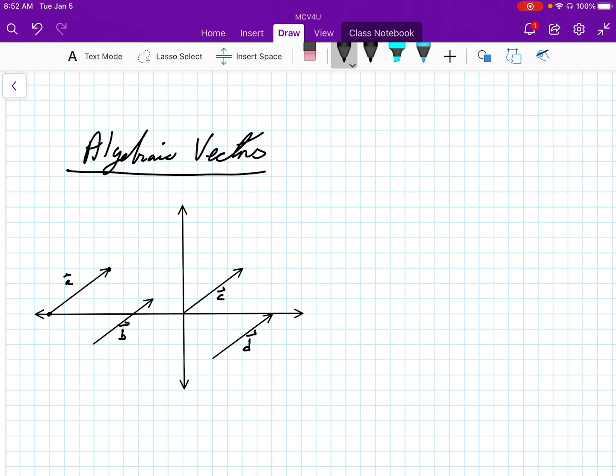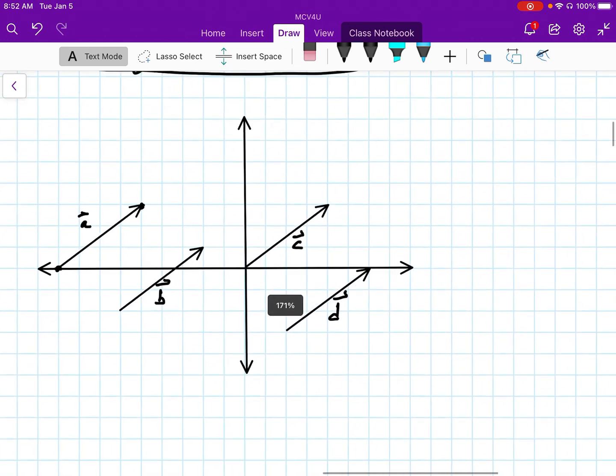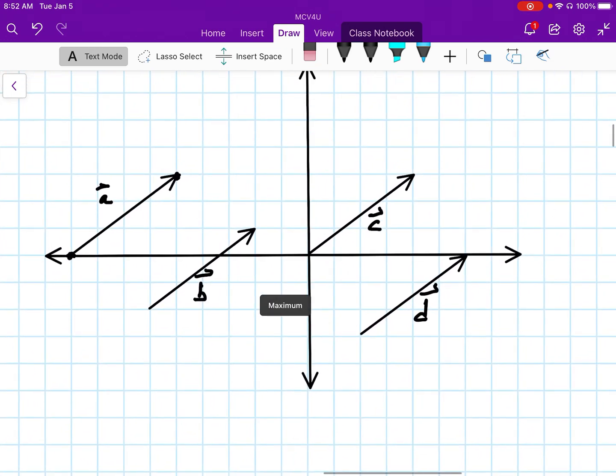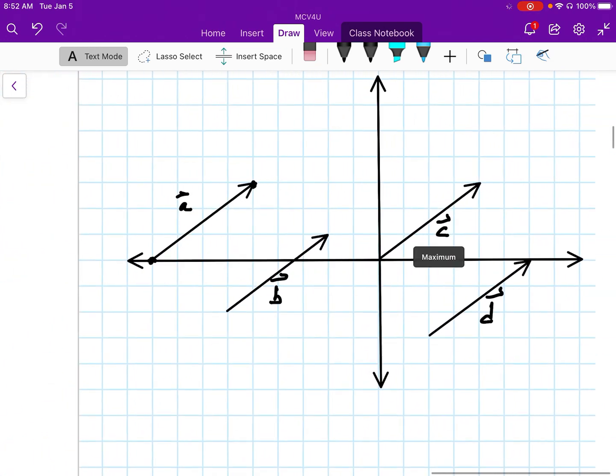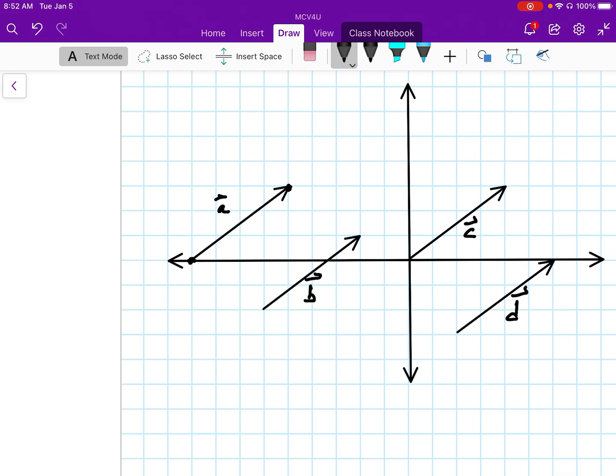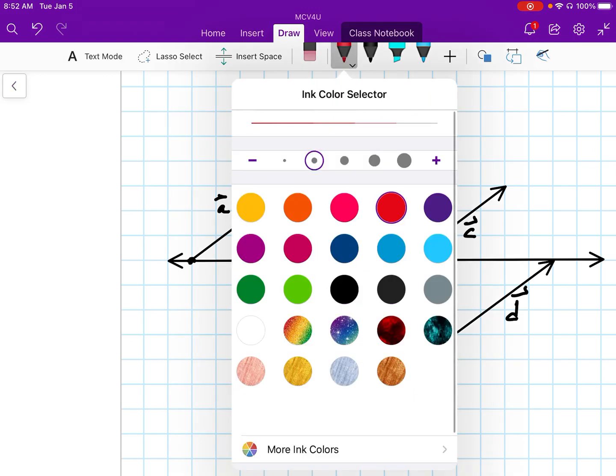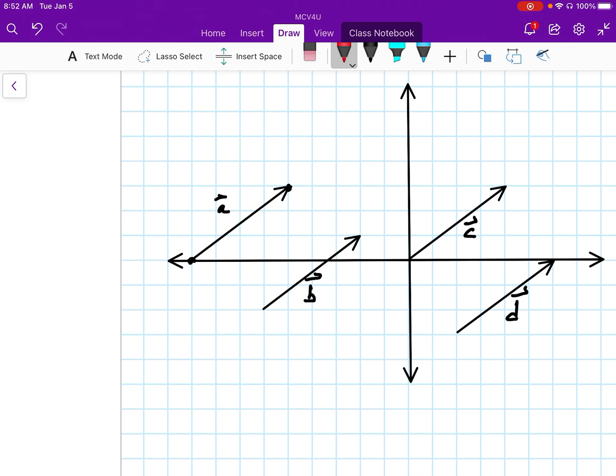But how we're going to start is if we take a look at these four vectors here, we put these vectors on a grid. Now, if we take a look at any one of these, we can see that from the tail to the head, we travel 4 units to the right and 3 units up.